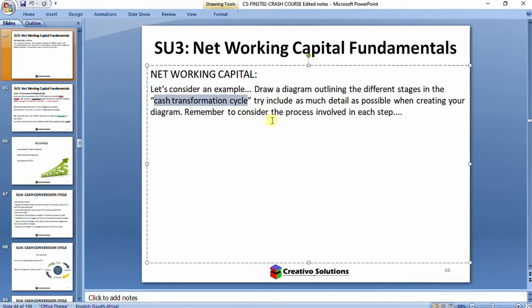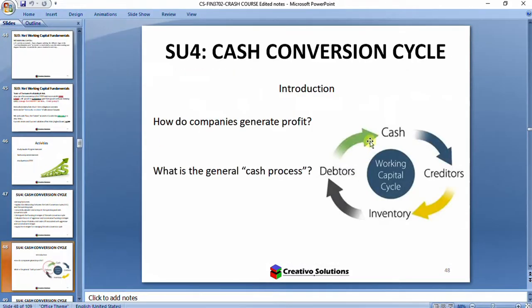All right. If you're drawing a diagram, the diagram is going to look something like this as a basic summary. Obviously, there could be a few more steps or a few less steps depending on how complex or how simple the business is. The most important thing to take away is that if you've got cash, that cash cannot be used to create value on its own. In other words, on its own, it's not valuable.